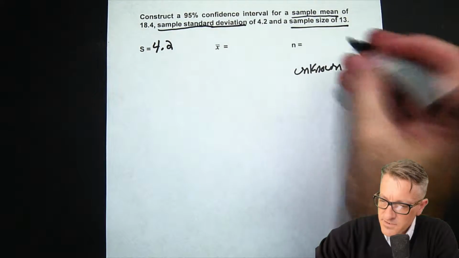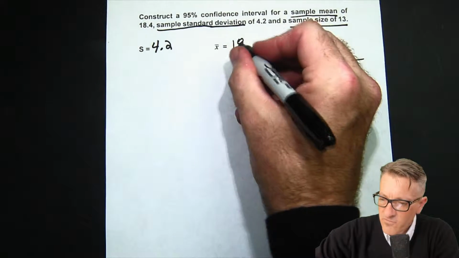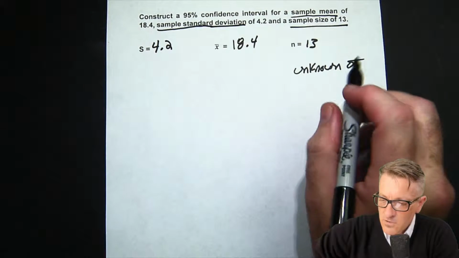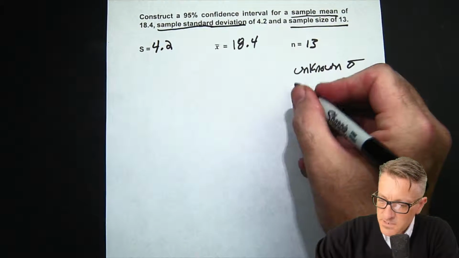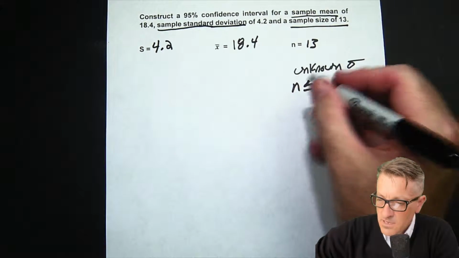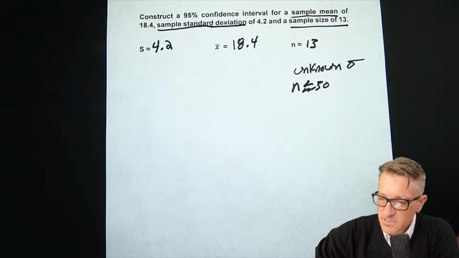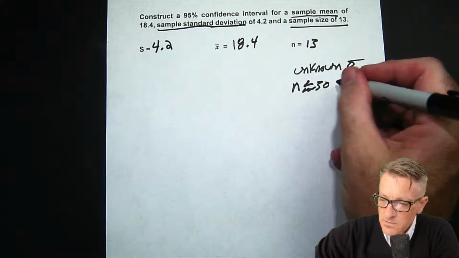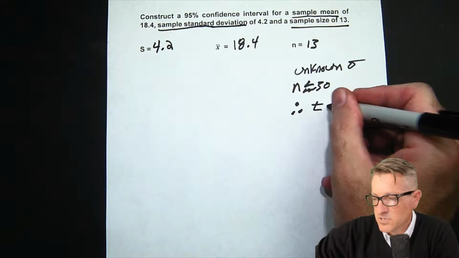Our sample size is 13. Our sample mean is 18.4. So we have an unknown population standard deviation, and we have a small sample size, which is n less than 30. And if it's less than 30, then we are going to use the t-distribution.